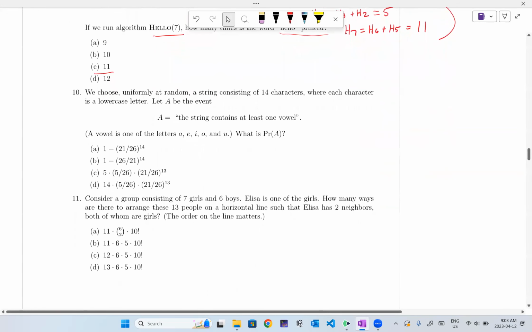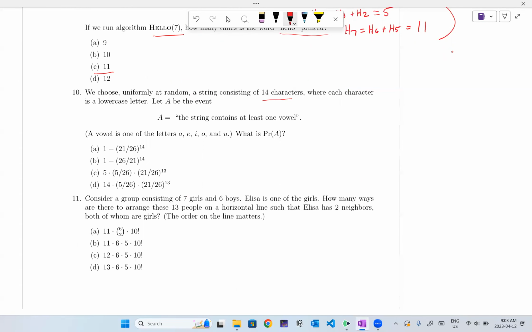We choose uniformly at random a string consisting of 14 characters where each character is a lowercase letter. The string contains at least one vowel. Okay, so what is the probability of A? So that at least one part means probably we want to use the complement rule. And if we look at our answers, well, there's a couple that use the complement rule.